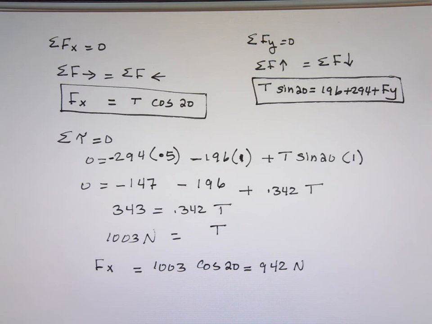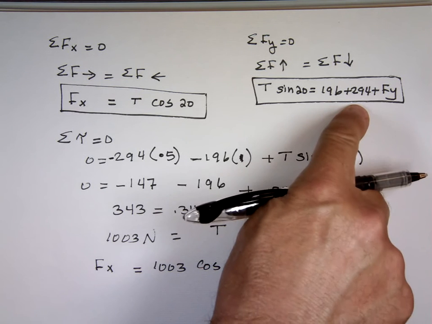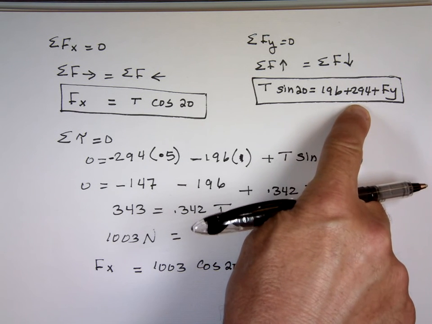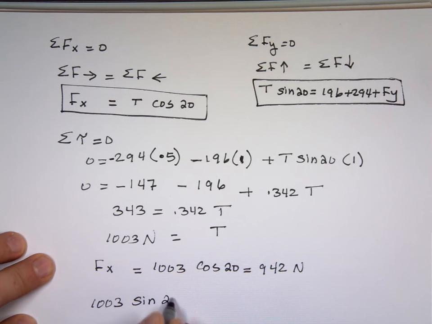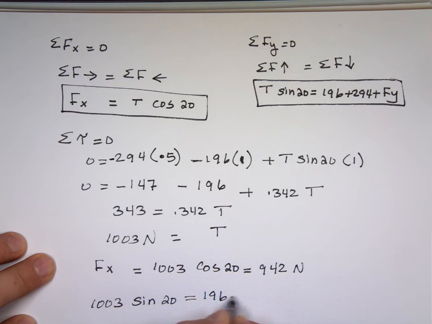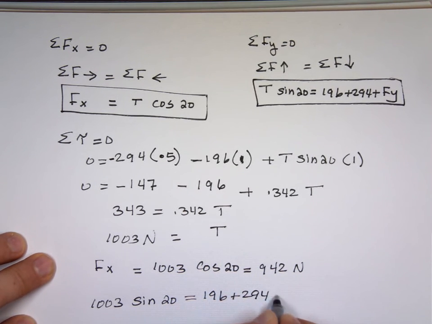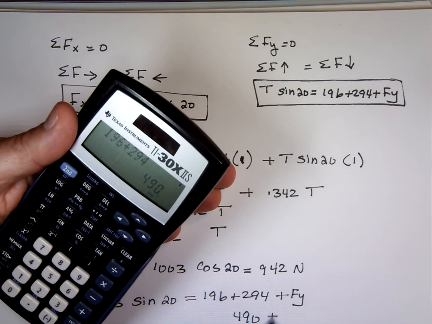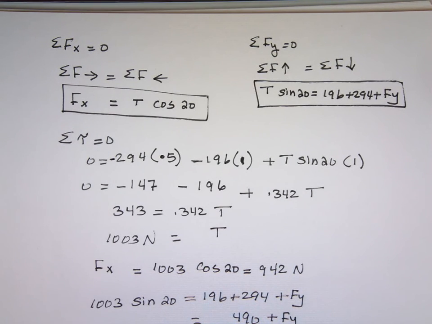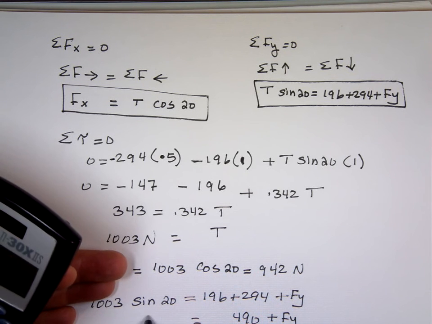Can we get F of y from that equation? 1,003 sine 20 equals 196 plus 294 plus F of y. 196 plus 294, 490 plus Fy equals 1,003 sine of 20, 343. Guess what? I was wrong.